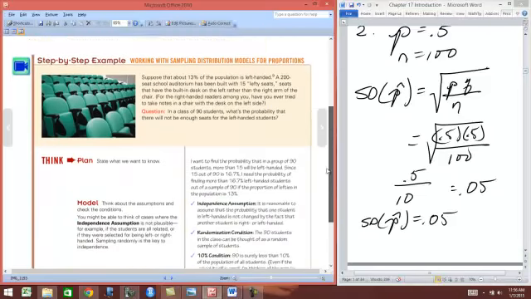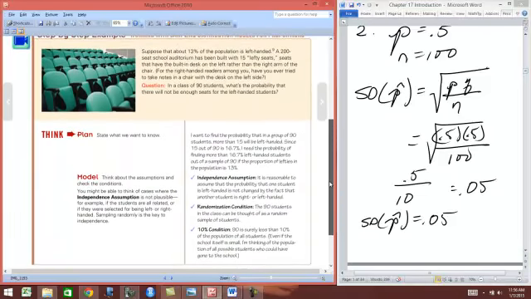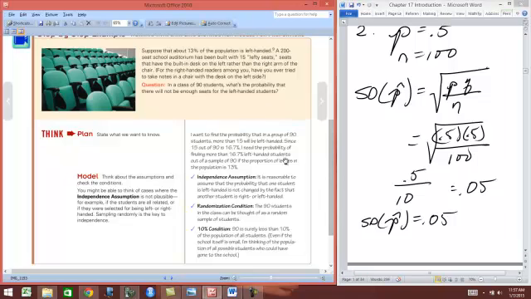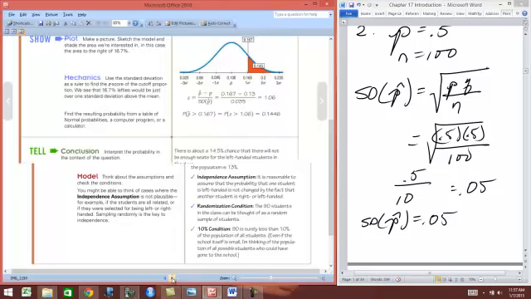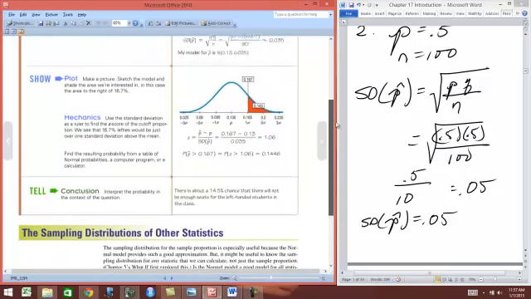Now, step-by-step example, extremely important. Let me just explain something to you here. The part on the left tells you what you have to do. The right-hand column shows you the work you must produce.